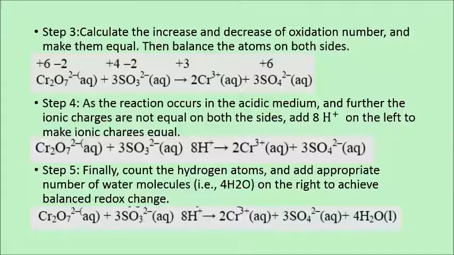If not balanced, you have to balance with water molecules according to the hydrogen present on the left side or the right side. We have to balance that with water molecules. And finally we get the redox reaction in acidic medium through the oxidation number method.